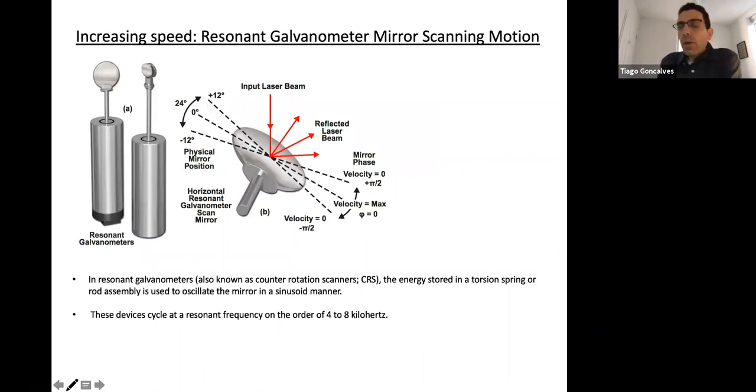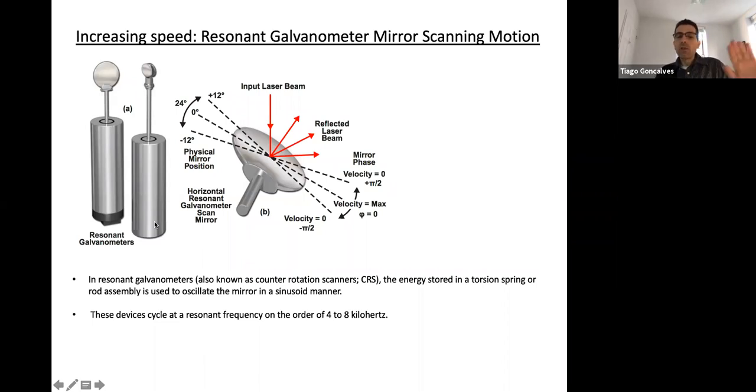All right, so you're limited. You want to go as fast as your calcium indicators can go, and usually we're talking about calcium indicators, as you guys heard last Tuesday. In order to increase your speed, you sometimes use these resonant galvanometers.